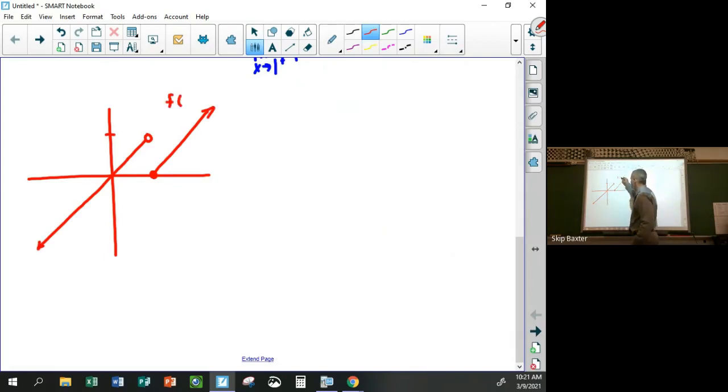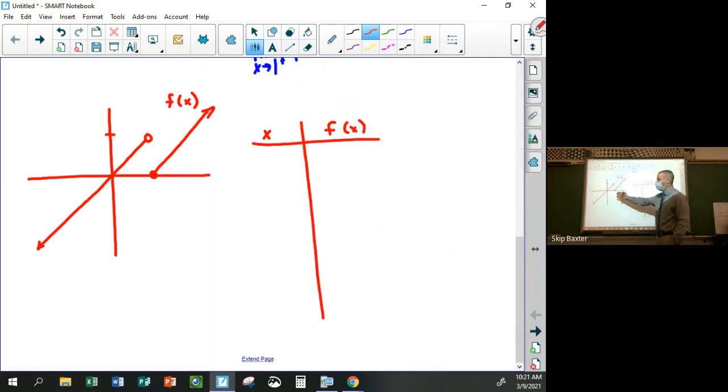Suppose this was f of x. So the first thing, if this is x and f of x, is if I actually substitute in that number, like 1, I get a number. I get 0. So it's not undefined anymore, right? Right. But if I pick points that are close to 1, it depends on which side I'm looking.